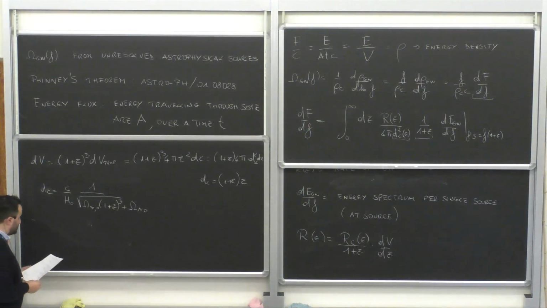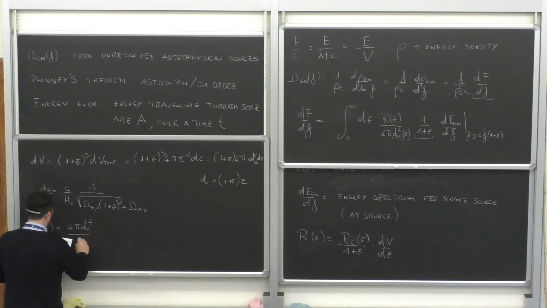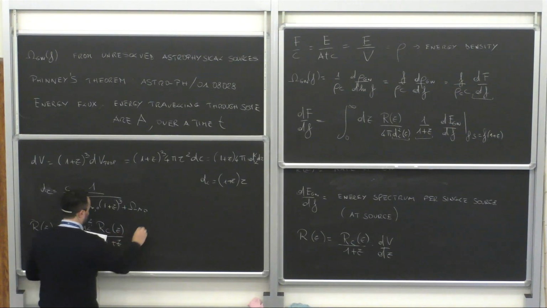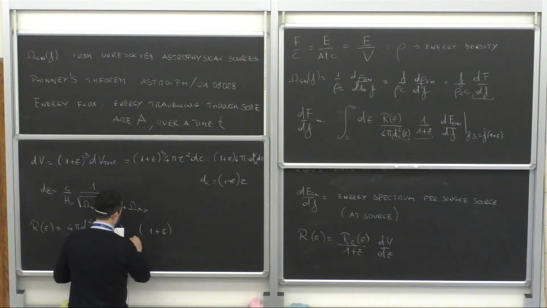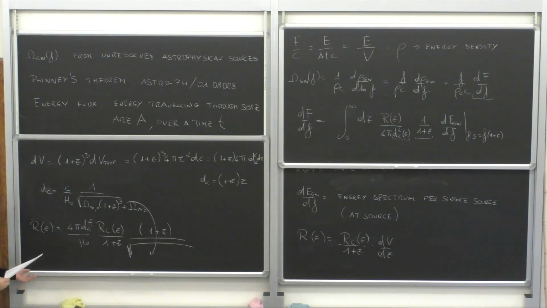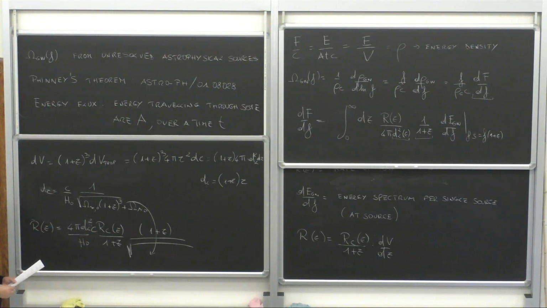And yes, now I can rewrite my rate as 4 pi dL square over H0 r c z times 1 plus z, and here there is this quantity, okay? So if you do this, here there should be a c, okay?